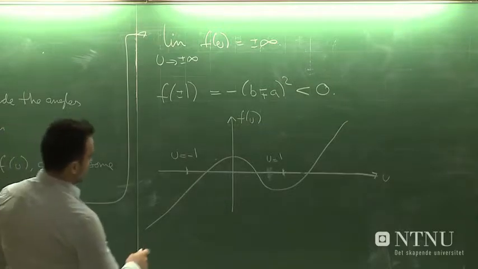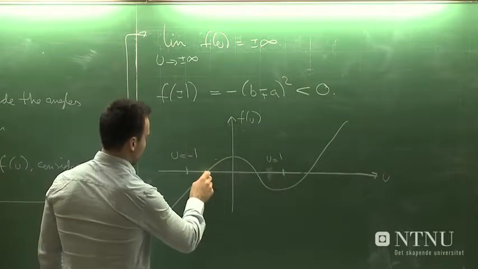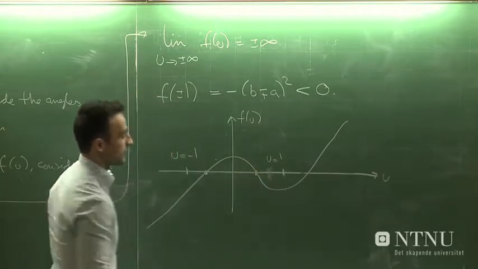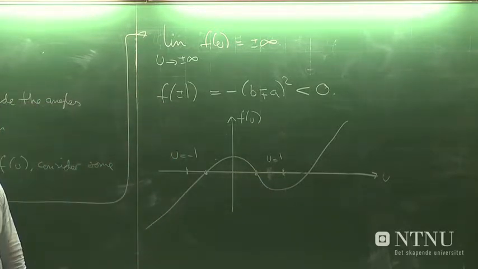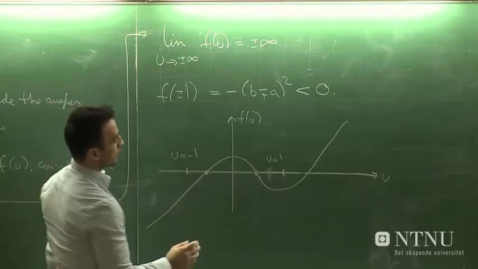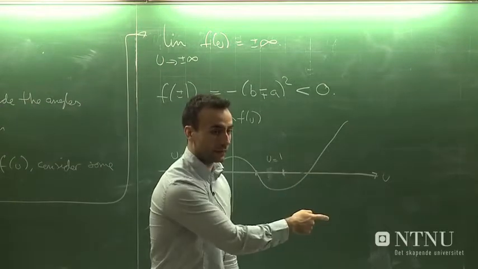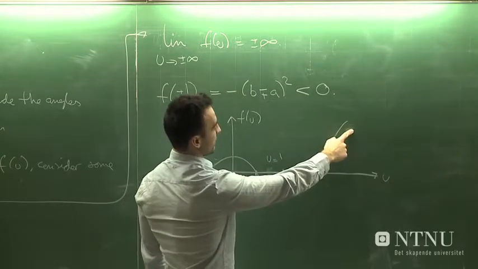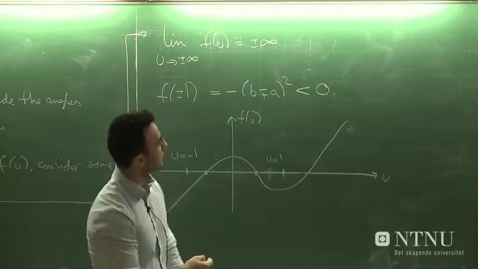And so 2 of these values should be here, inside the regime u equals plus minus 1. So we know that one root has to be outside for the following reason. When u goes to infinity, f of u is positive.